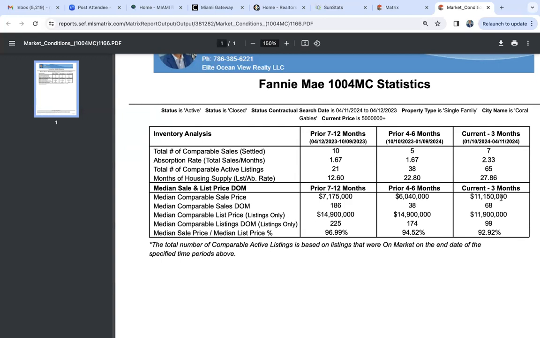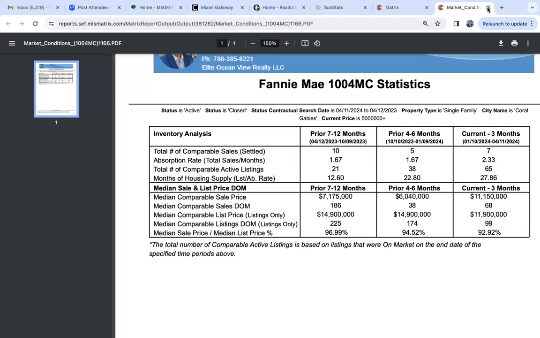So I'd be curious to go back and see what homes sold in Coral Gables that drives the price so high. Look at the list price though, however. The list price goes from 14.9 million down to 11.9 million. So you're definitely looking at a reflection of, hey, look, there's too much inventory. We should lower our list prices to get our properties sold quicker.